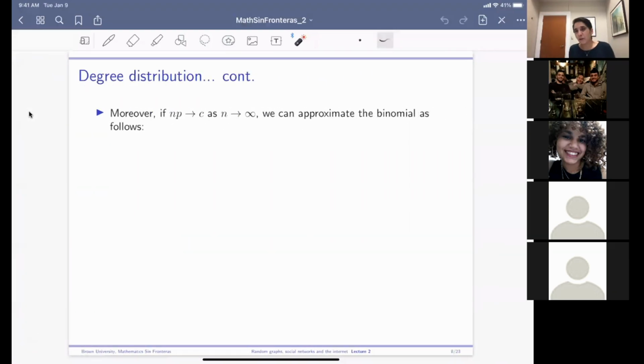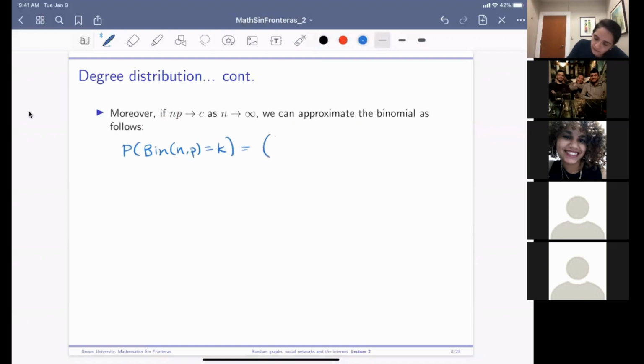So sometimes binomials can get really big, and in the interesting regime that leads to the existence of a giant component, it turns out that they simplify quite nicely. So when np converges to c, we can approximate the binomial using another distribution. Let me show you how we do this. I take the probability of the binomial with parameters n, p equal to k.